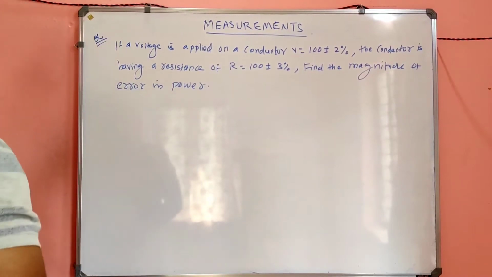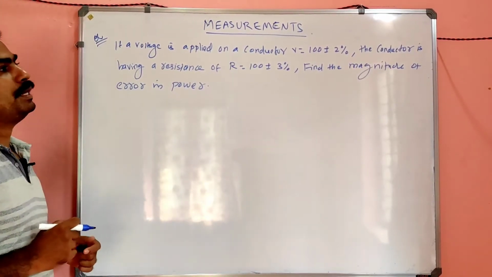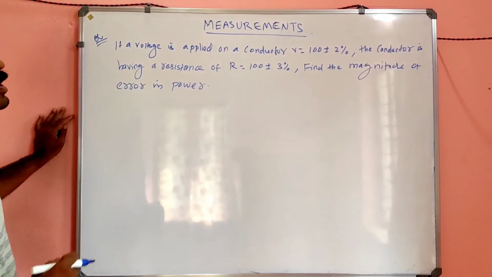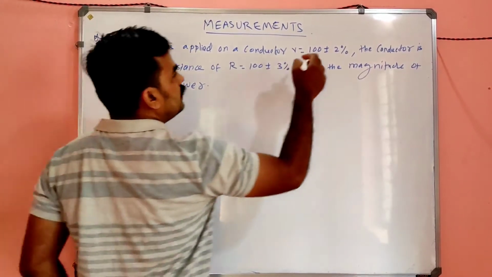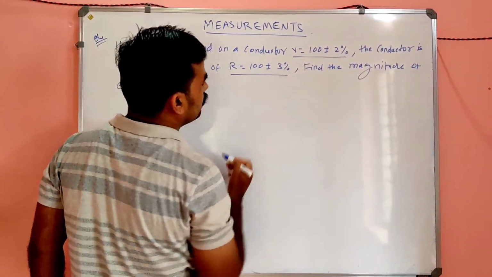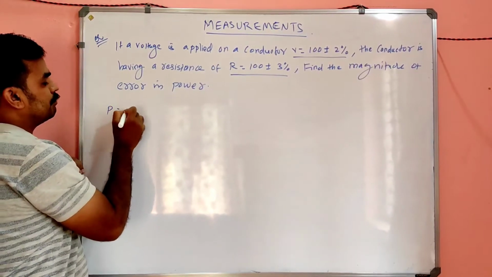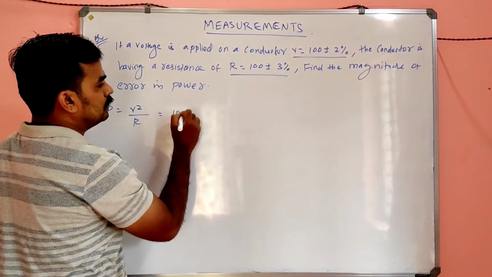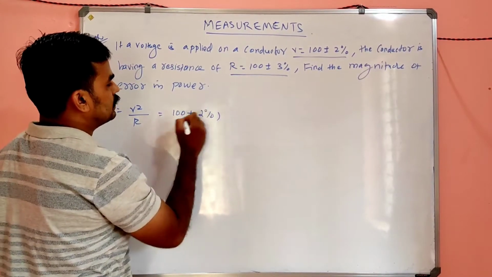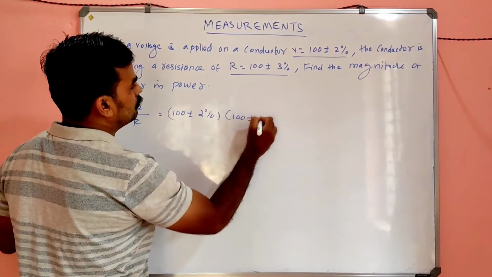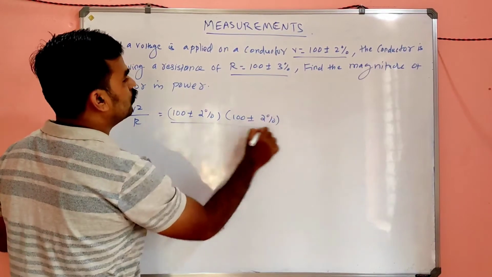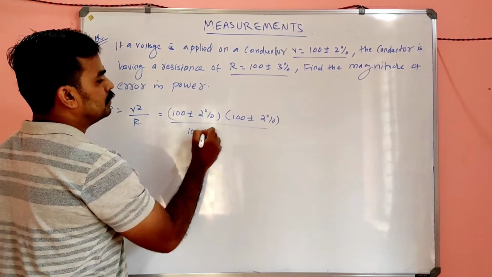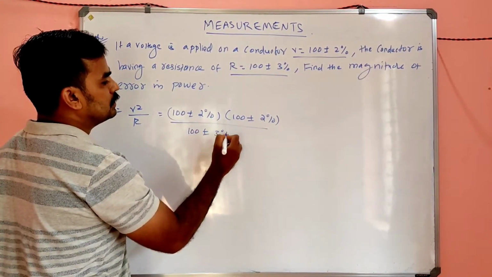Listen, my dear. If a voltage is applied on a conductor, V is given, and R is also given, right? Then what is the power equation, my dear? Power P is nothing but V squared by R. So it is 100 plus or minus 2% into 100 plus or minus 2%, whole divided by R. R is nothing but 100 plus or minus 3%.